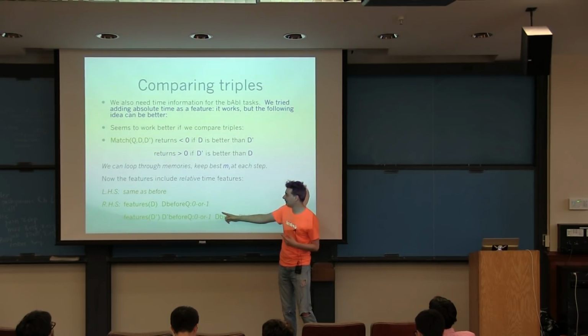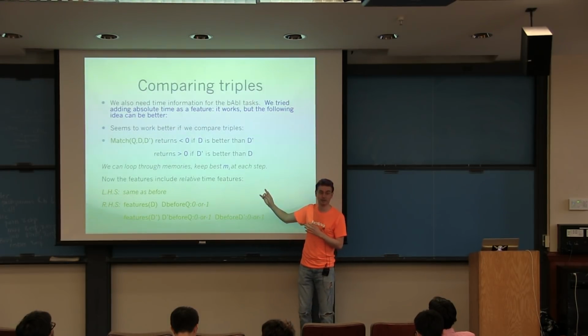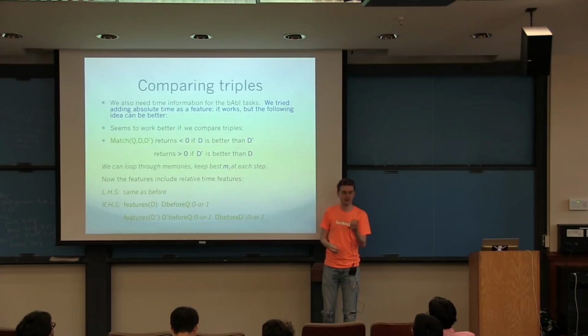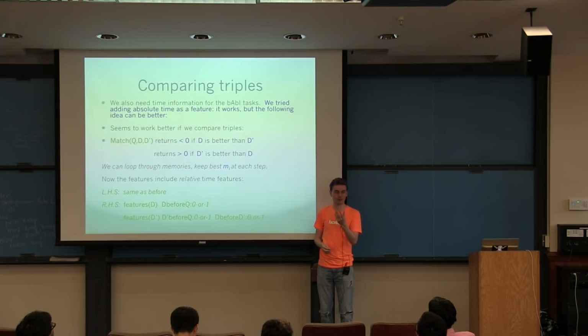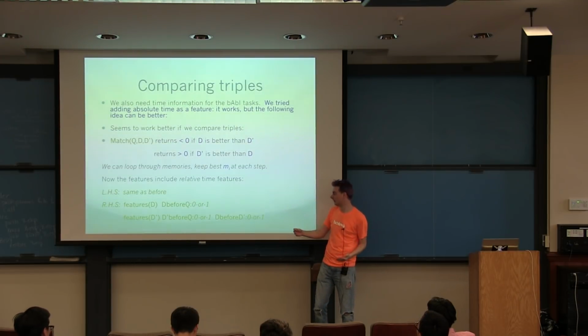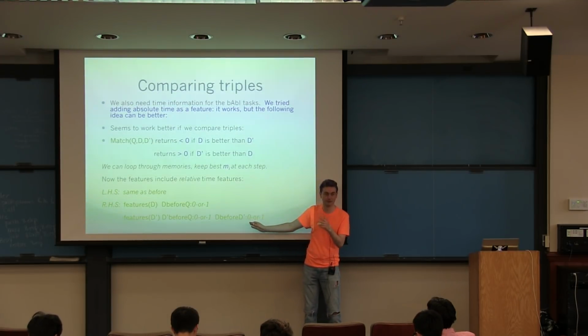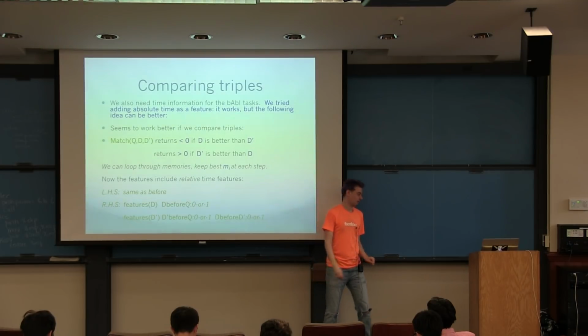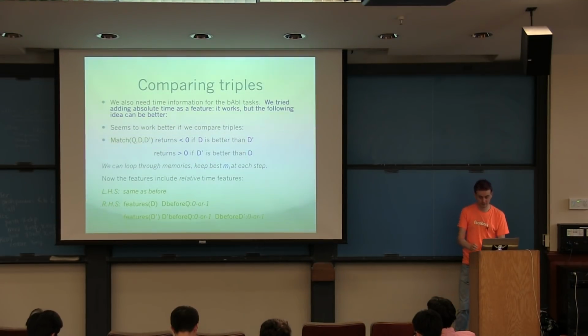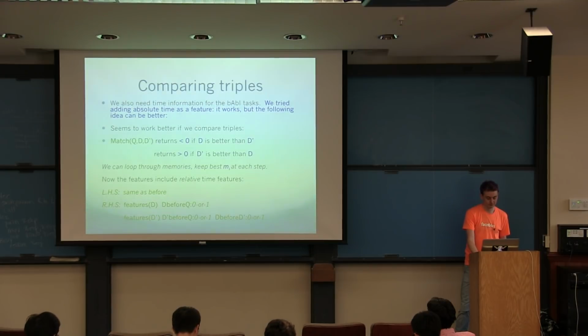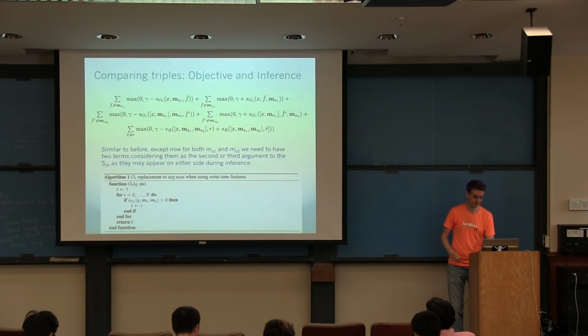We tried that and it worked quite nicely, because relative time is more what you're looking for than absolute time. We just want to know, did this thing happen after this thing in the story or not? So you can make a binary feature for that. It changes the objective function a bit, but it's basically the same thing.